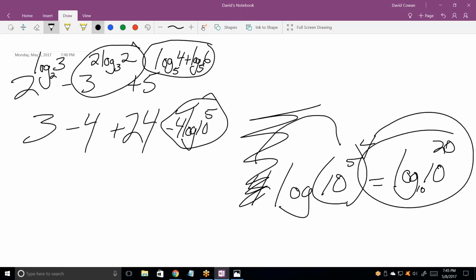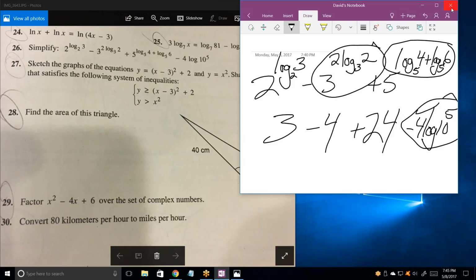10 to the 20th? Oh, fudge! That's big. No? Wait, why would it not be big? Is it just 20? It's just 20. So that's what this term is: 20. And it's plus, correct? Hold on a second.